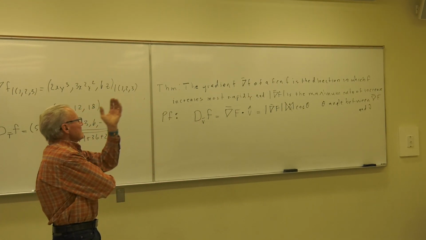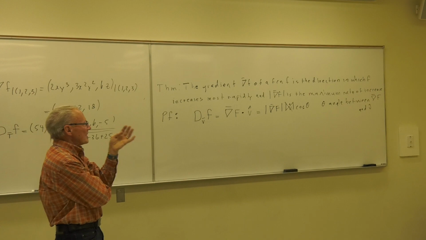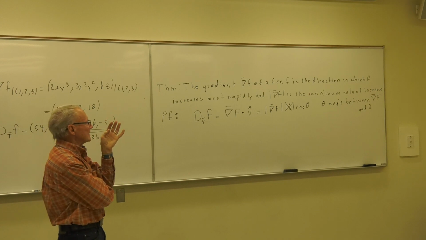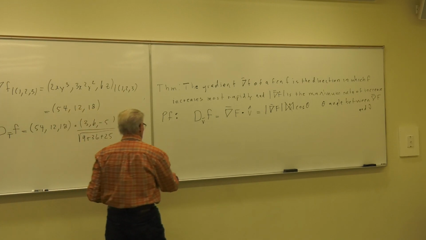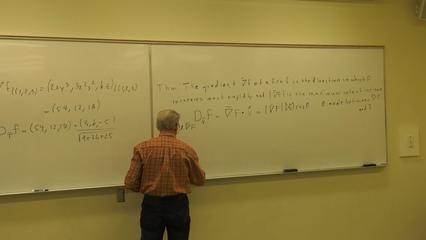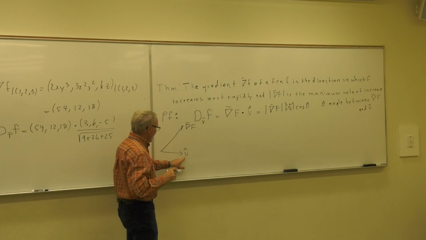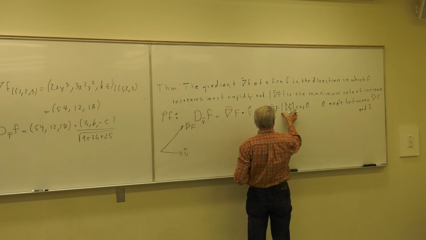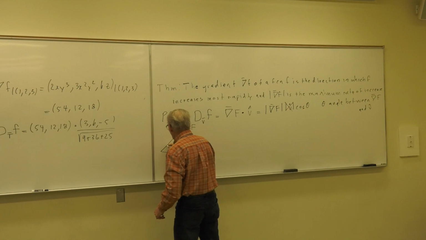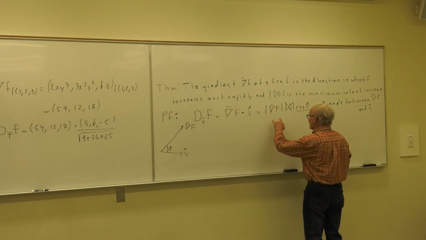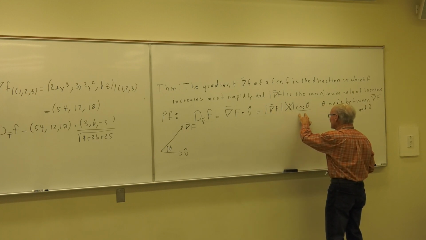So if you said, I want to vary the v vector so that this thing turns out to be as large as possible, you've got the grad f vector here, and you've got the v vector here, and you say, what direction should v be so that this thing is as big as possible? You can't touch the length of grad f, so make cos theta as big as possible.